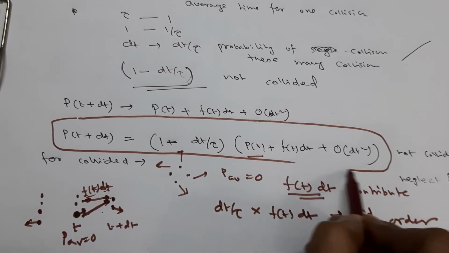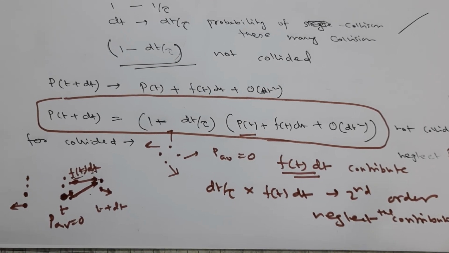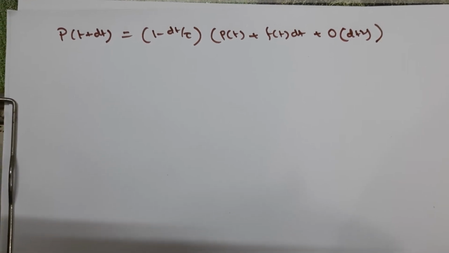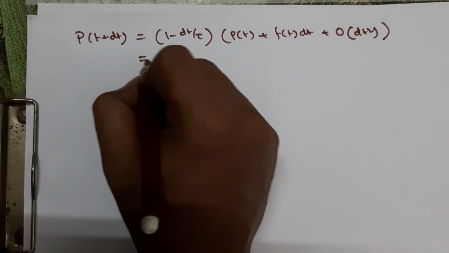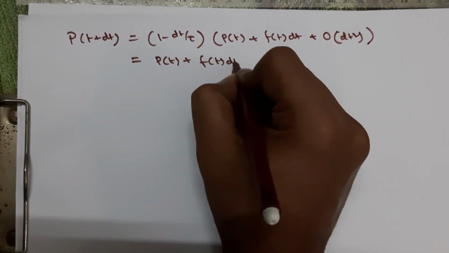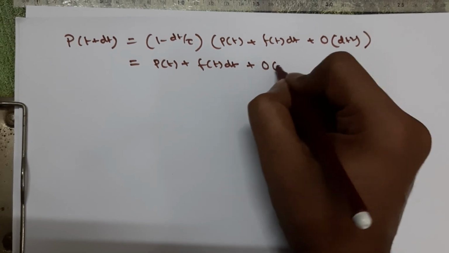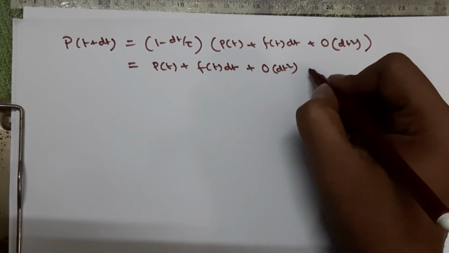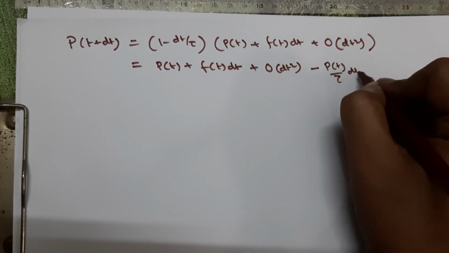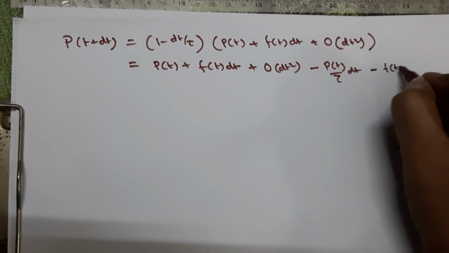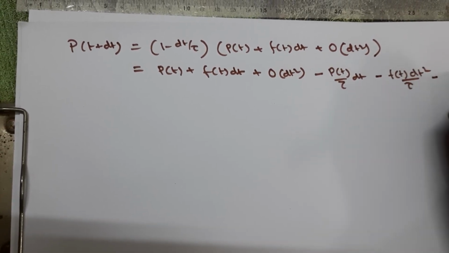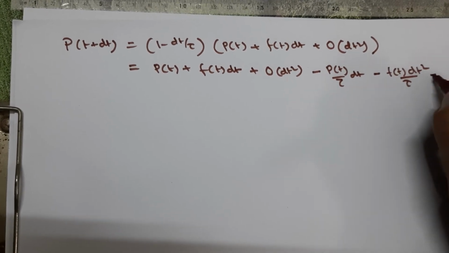What will be the momentum at p(t+dt) for those electrons? This was our expression. Now let's simplify it. So this gives p(t) plus F(t) dt plus order of dt squared, then minus p(t) dt by tau minus F(t) dt squared by tau minus higher order terms, which anyway we neglect.